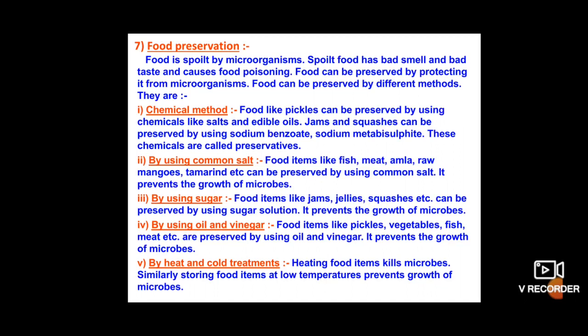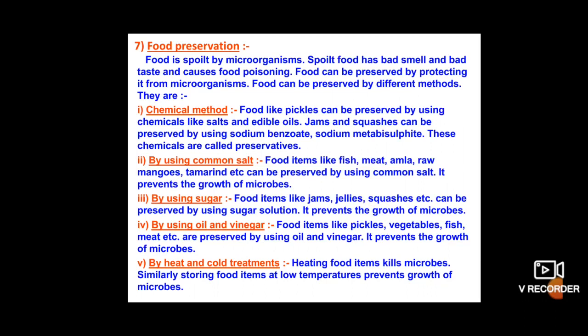So when the microorganisms start growing in the food particles, at the time of reproducing and increasing their population, various metabolic activities take place. As a result, some toxic substances are also released.